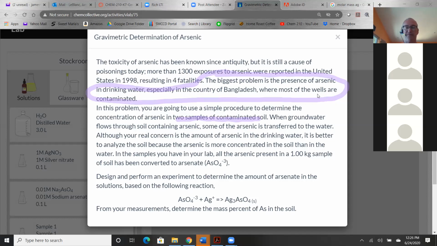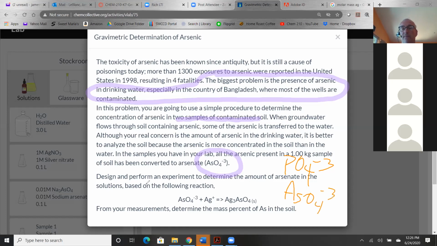This is the form of the arsenic we're going to be looking at, arsenate ion. Just like phosphate, we know that phosphate is PO4 3-. And it's probably not surprising that since arsenic is just below phosphate in the periodic table, when it forms an ion with oxygen, it forms arsenate.